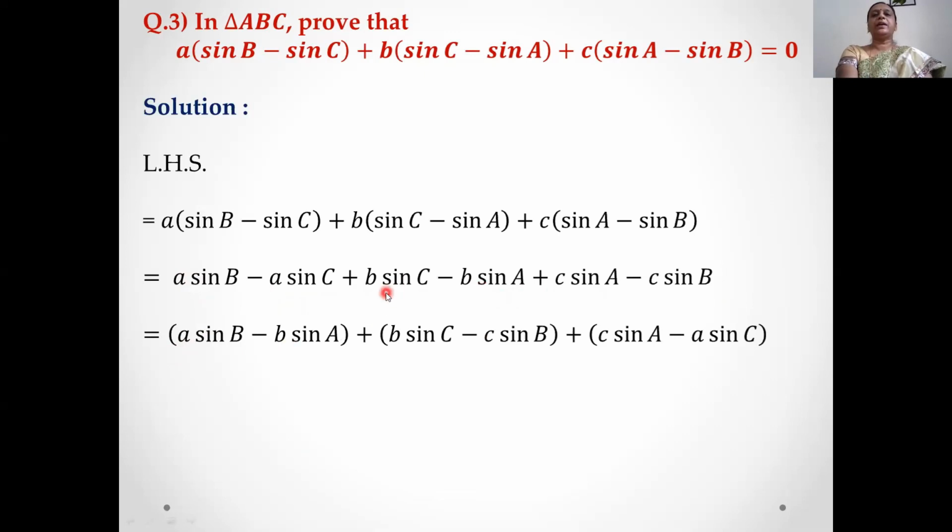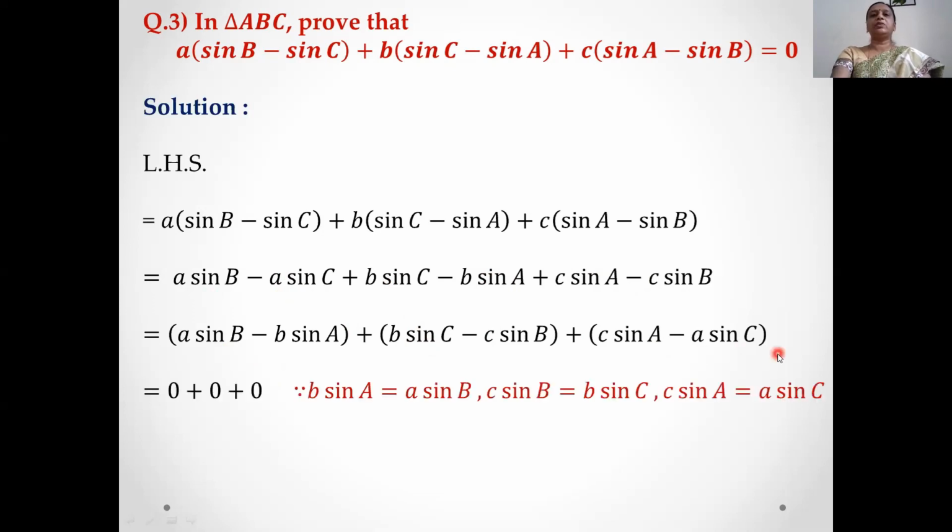In the second bracket, you take this b sin C minus c sin B. And in the last bracket, you take this positive term minus the remaining last term. Means we have to rearrange the equation, we are rearranging the equation only.